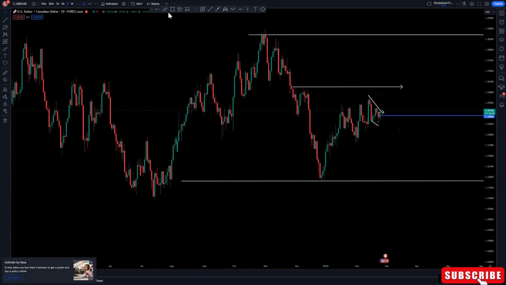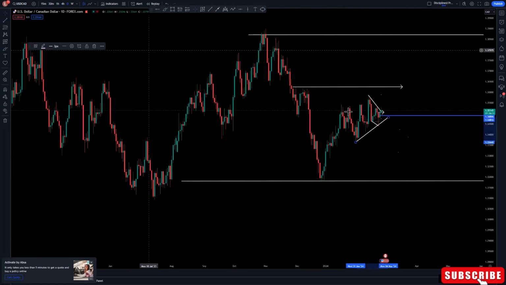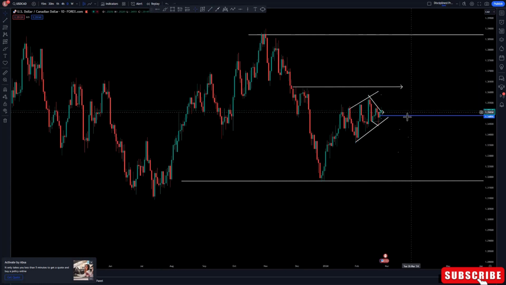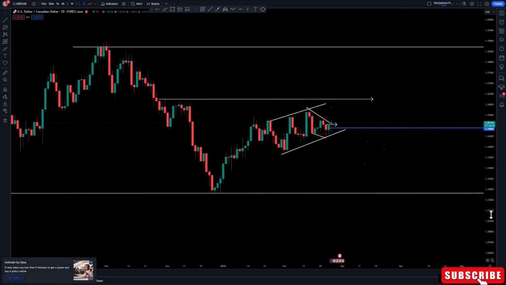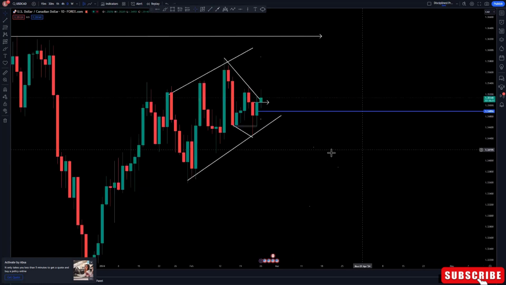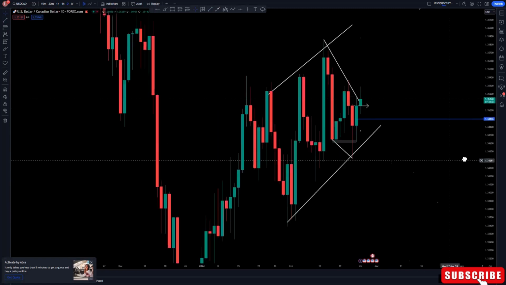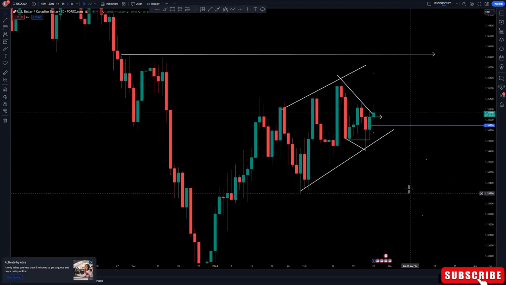And if you look at how the market has been behaving, it's been moving in a higher high, higher low, higher high, higher low, higher high, higher low. So we're currently at a low, and should the market respect that behavior, it is why I believe it still has potential to go to the upside. And if you look at the candlesticks, guys, they are very important on the higher time frame, right?